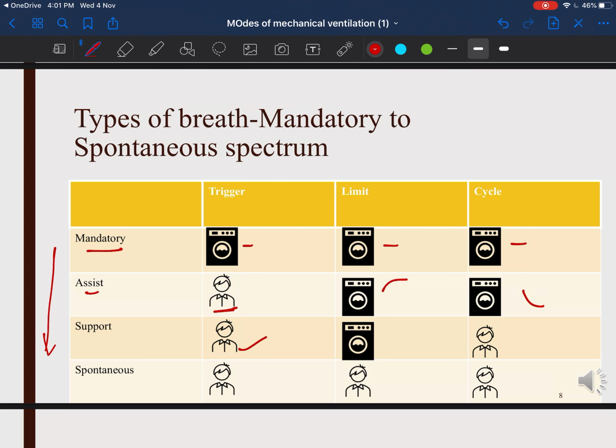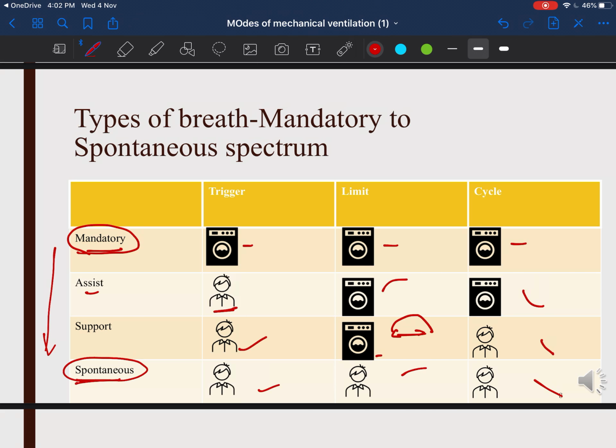Support is where the patient starts and the patient ends, but how much to give in between is determined by the ventilator. Spontaneous is where everything is determined by the patient himself or herself. So mandatory is full ventilator support, fully ventilator driven.